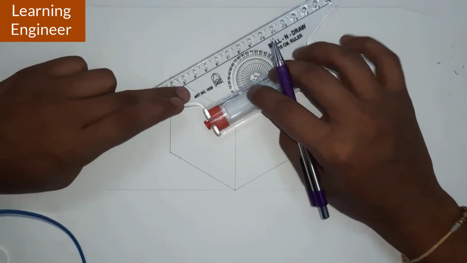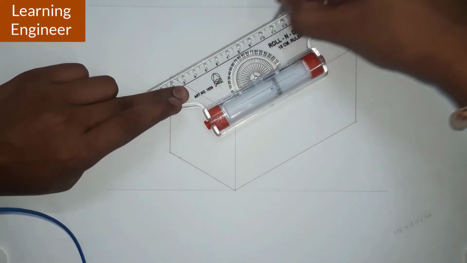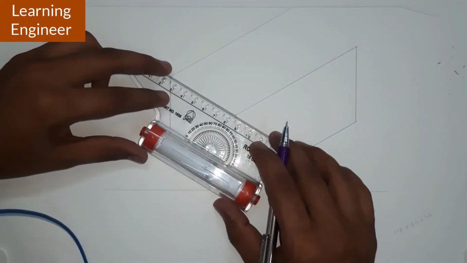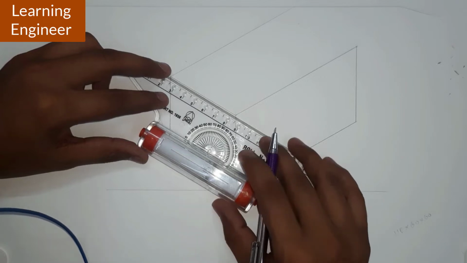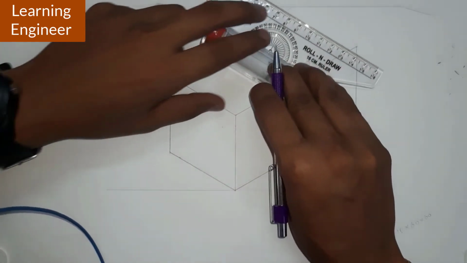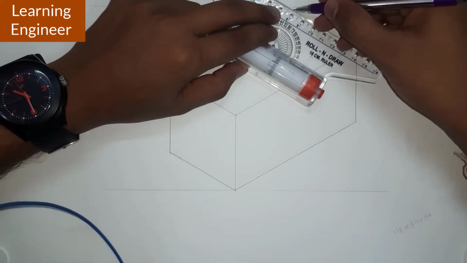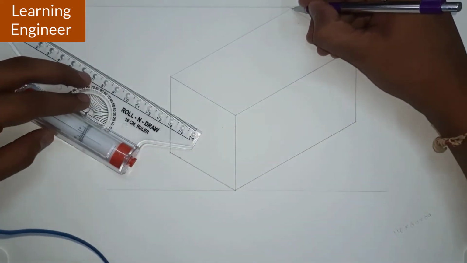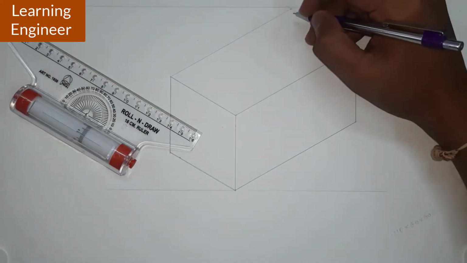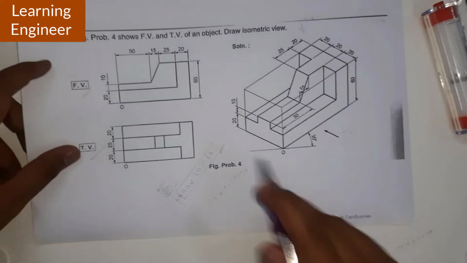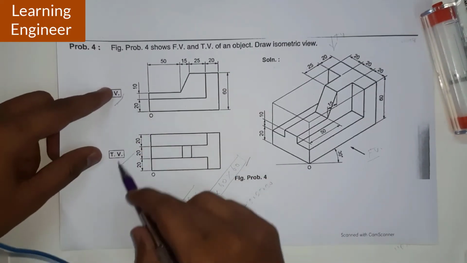Now draw the line passing through this particular point and draw the line passing through this particular point. This is intersecting over here. We have completed the box as per the given front view and top view.